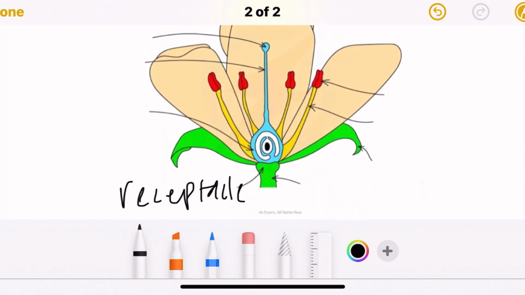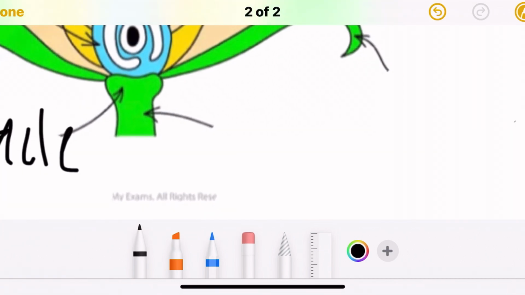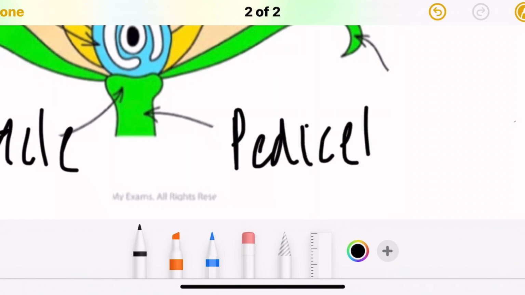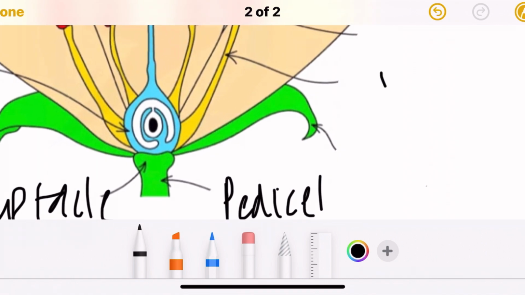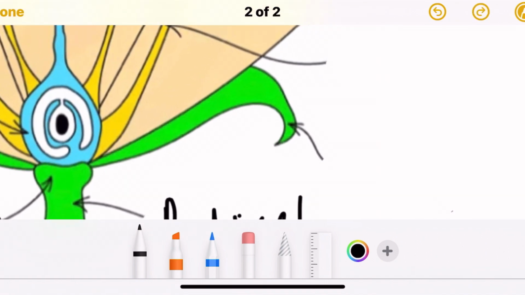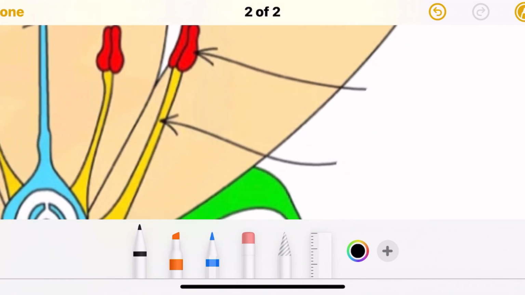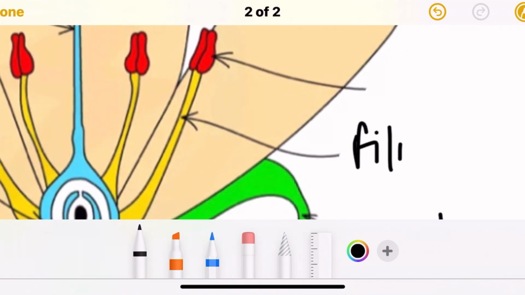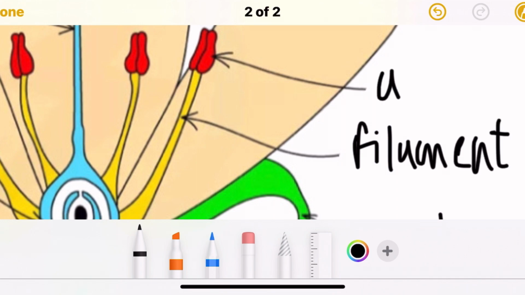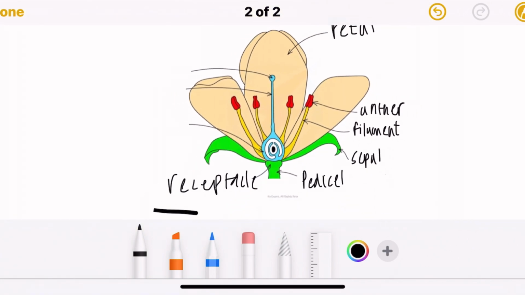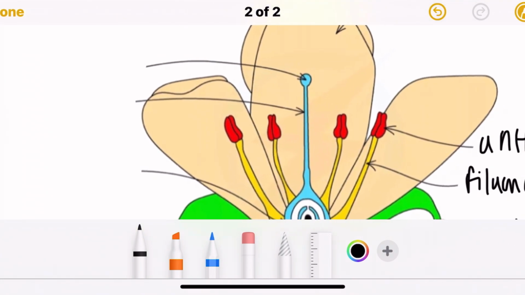It is the male part of the flower. So far so good. Now let's move on to this.